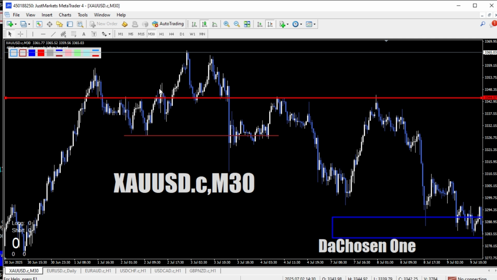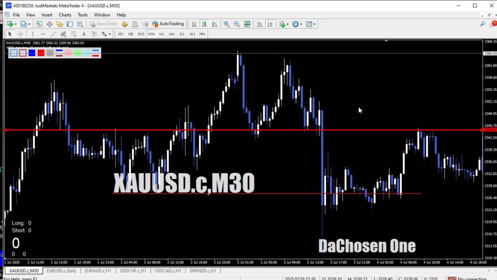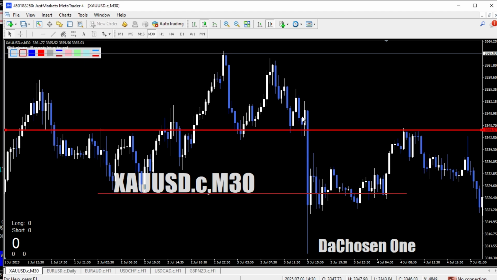We have a left shoulder, which is a high, a head, which is a high, and a break of structure. And what do we have over here? This is type 3, guys.